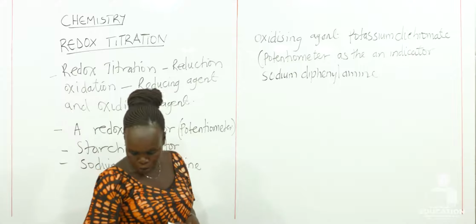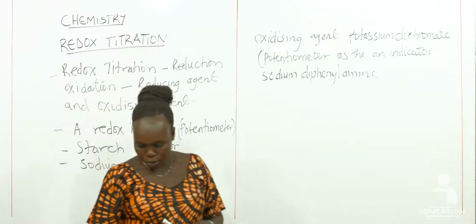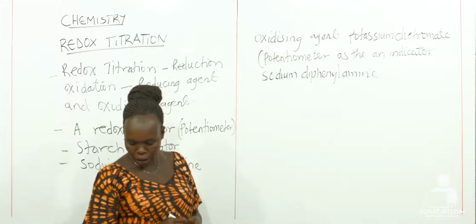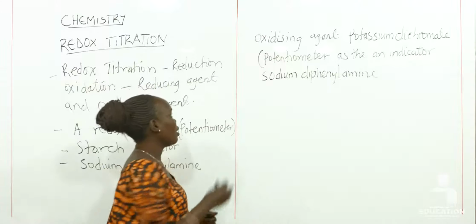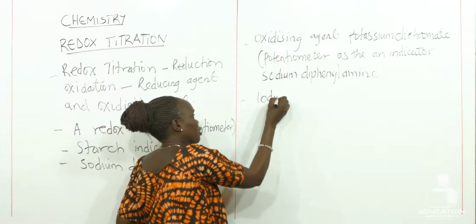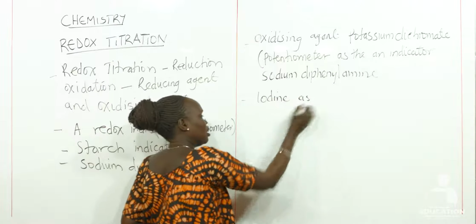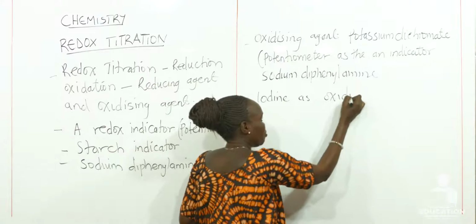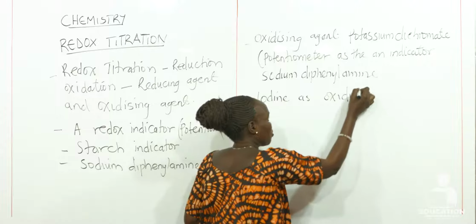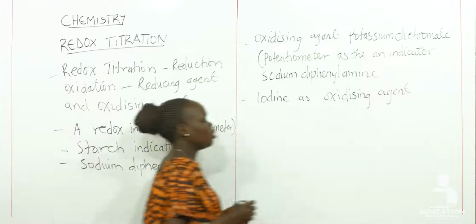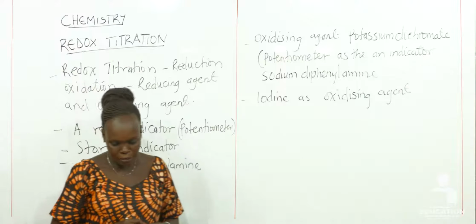Also, when we are analyzing wine for sulfur dioxide, we require iodine as an oxidizing agent. When we are using iodine as an oxidizing agent, we are going to have a different indicator.